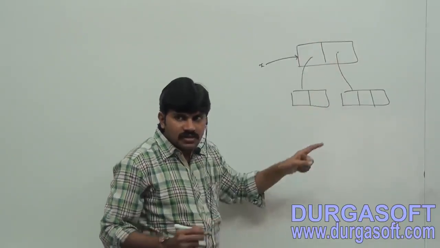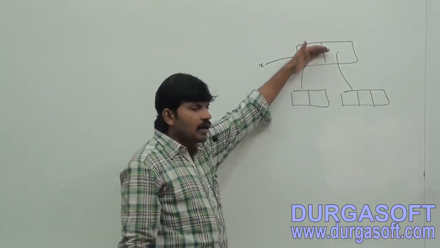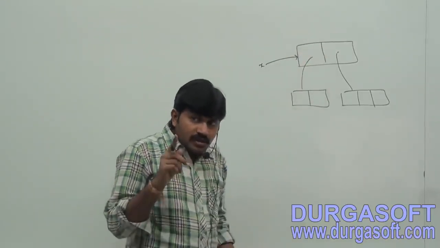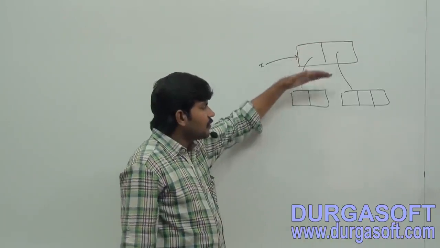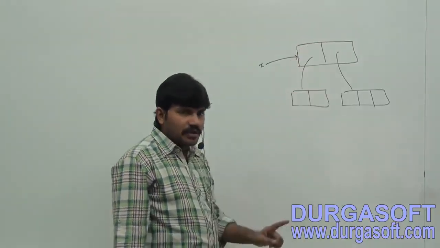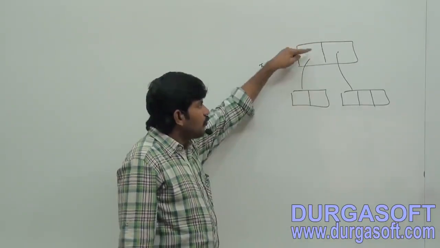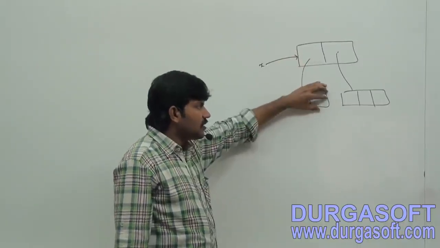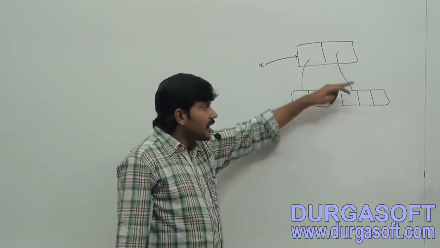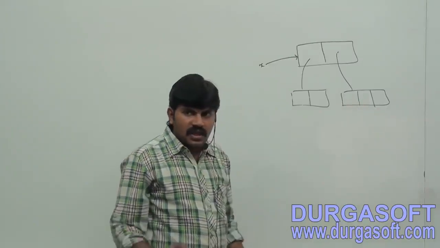Overall, what is the dimension of this array? Two dimensions, an array of arrays. If it is three dimensions, one more level will be there. Here the first element is a one dimensional array with size 2, and the second element is a one dimensional array with size 3.